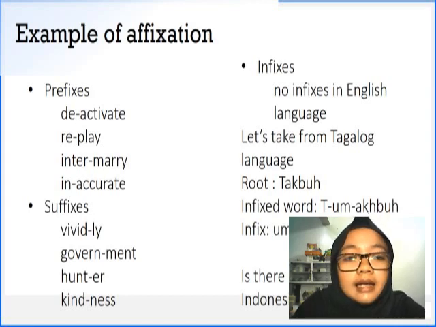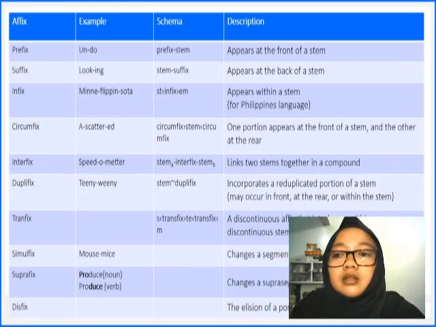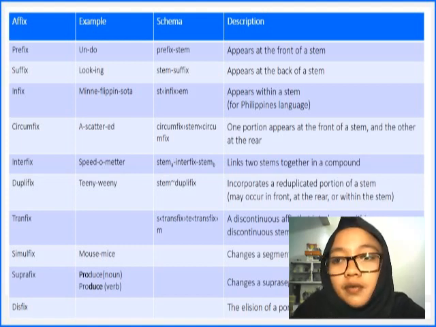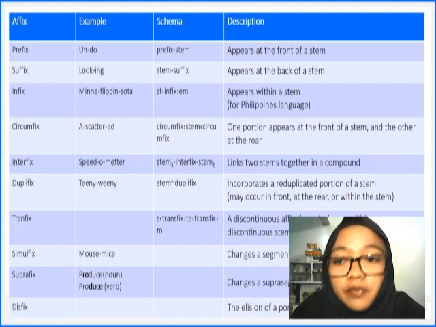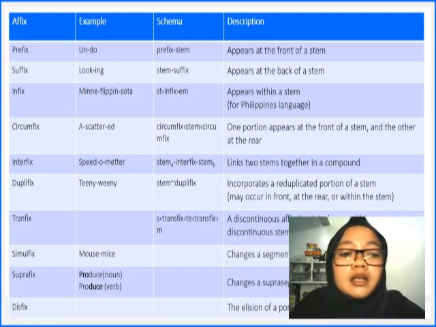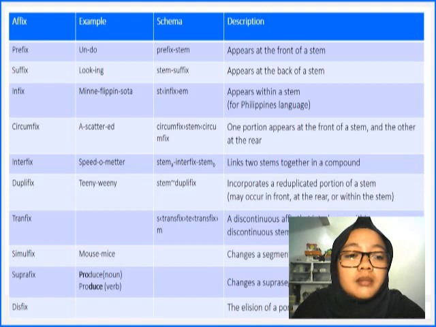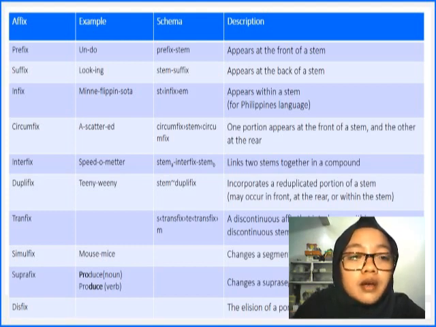Okay, and the next, this is the very complete list of affixation types. We have prefix, suffix, infix, circumfix, interfix, duplifix, transfix, simulfix, suprafix, and disfix. For prefix, suffix, and infix, I have given you the examples.